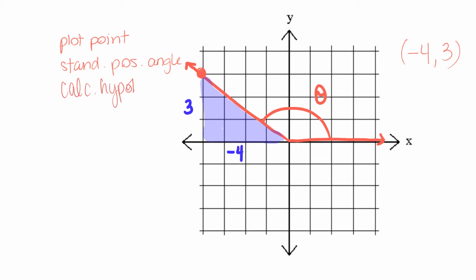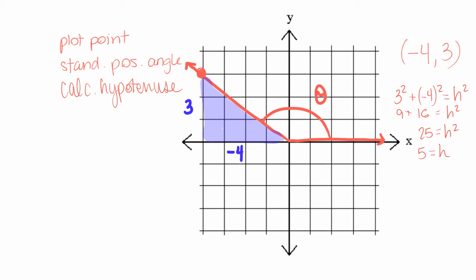We're going to say 3 squared plus -4 squared equals our hypotenuse squared. So 9 plus 16 equals h squared, so 25 equals h squared, so 5 is our hypotenuse.